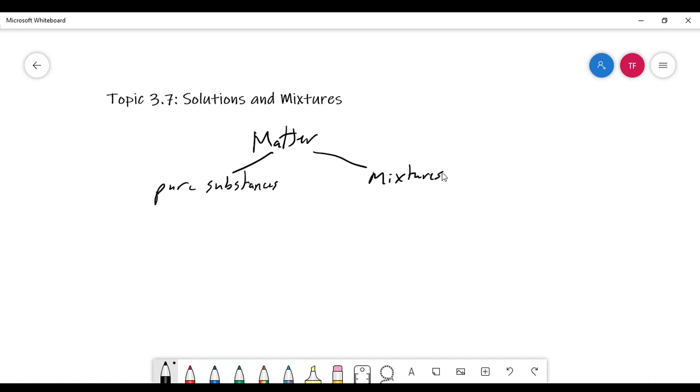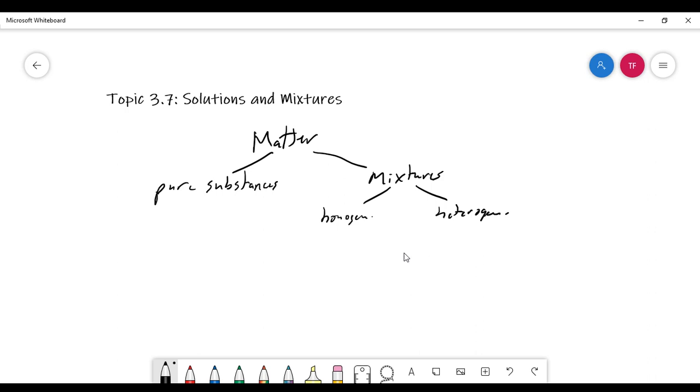And there's two different types of mixtures, homogeneous and heterogeneous mixtures. Homogeneous mixtures are mixtures that are consistent in their composition on a macroscopic scale. In other words, if you look at a homogeneous mixture, you can't identify the different parts of the mixture.